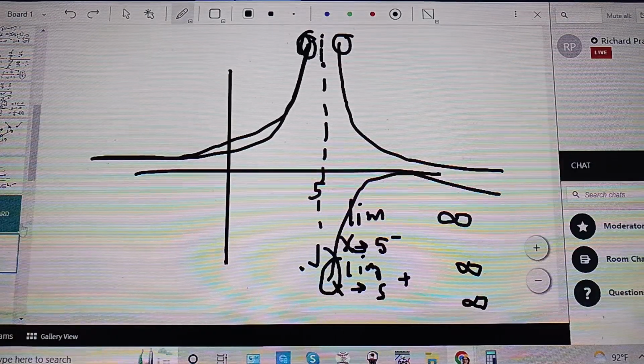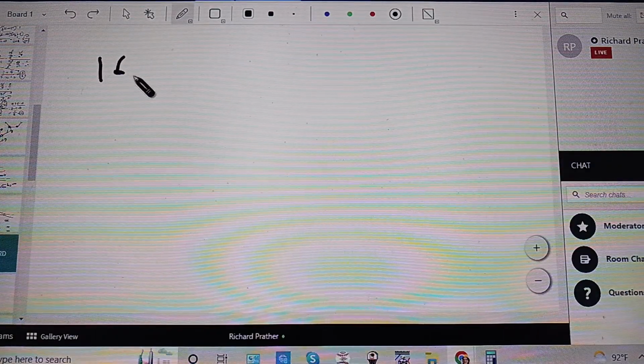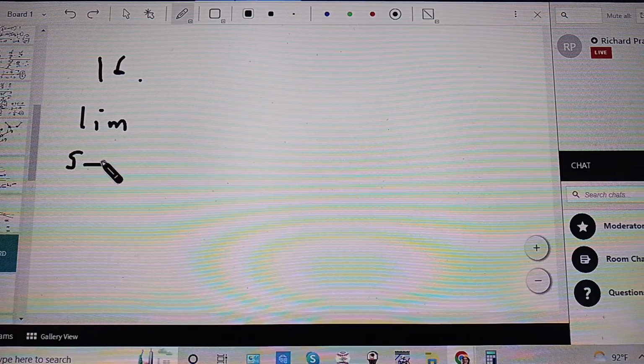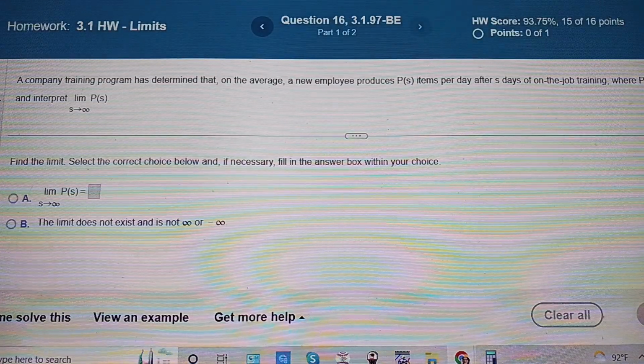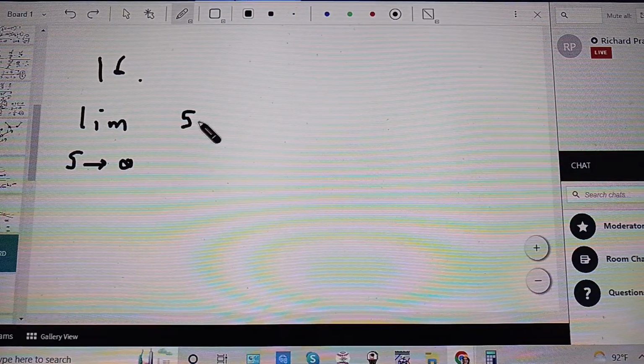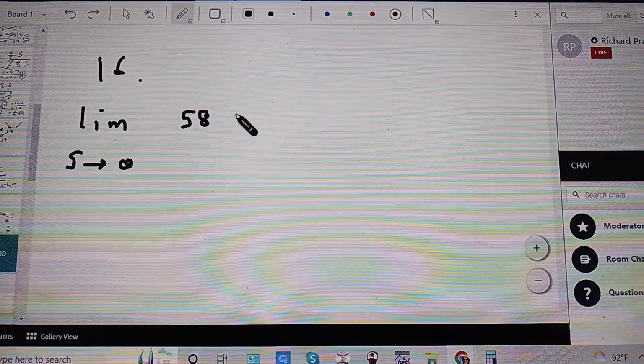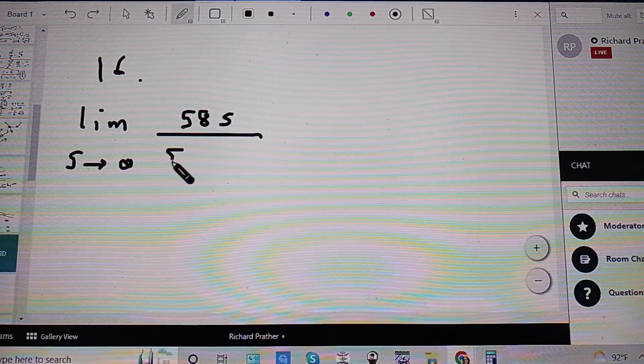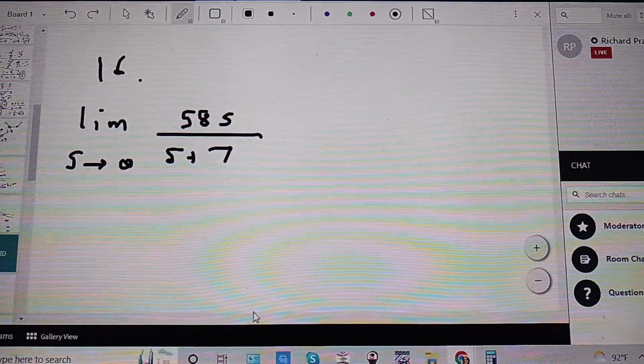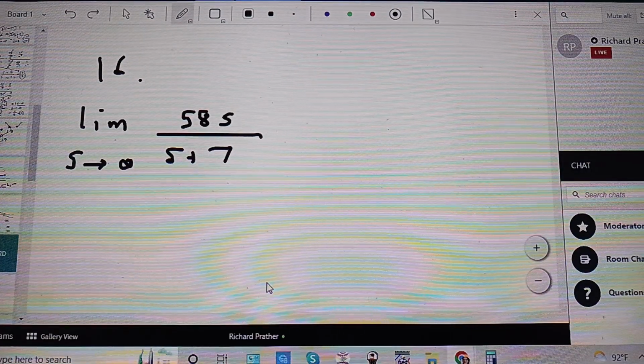So what we really want to do on number 16 is the limit as S approaches infinity for a rational function, 58S over S plus 7. So a couple ways of thinking about this problem.